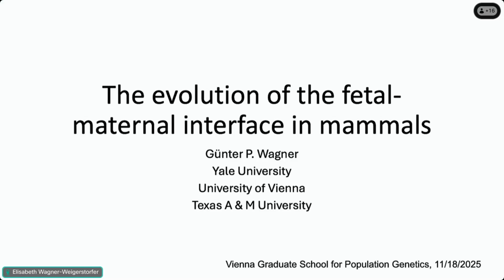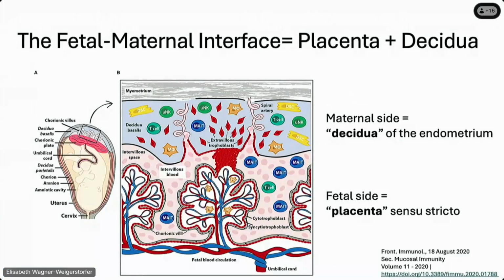And to do that, I want to just explain a little bit what the fetal-maternal interface is, in case this is not something that you are familiar with. So what we call the fetal-maternal interface is the connection between the placenta, which we conceptualize as the part that comes from the fetus, and the maternal side, which in mammals is mostly the decidua or the endometrium on the other side.